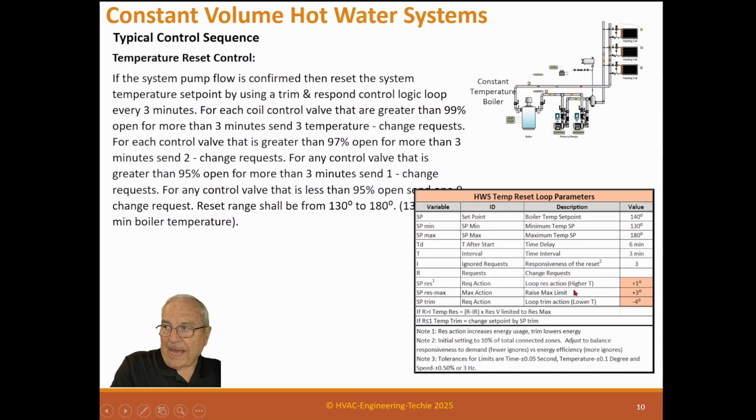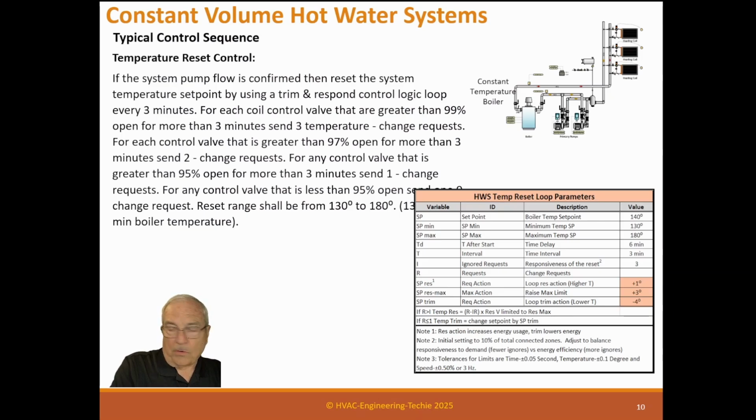And the action to do these is this. If the reset change requests are greater than the ignored requests, in other words, if it's greater than 3, because you're going to ignore the first 3, then the formula is R minus IR, so it's the actual requests minus the IR, times the value of this. So let's say you have 8 requests that have all stacked up in this 3 minutes.